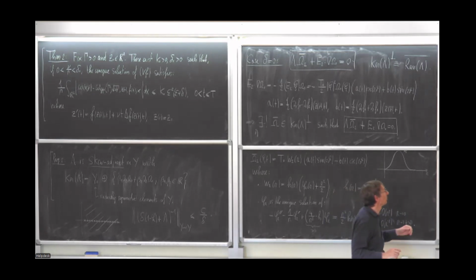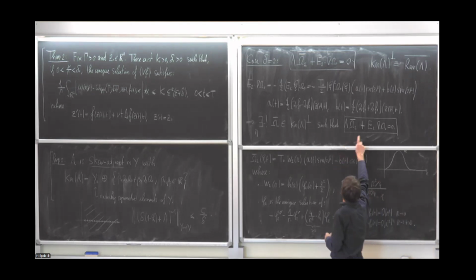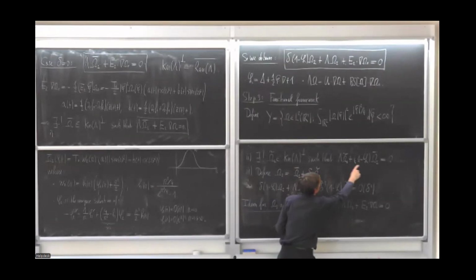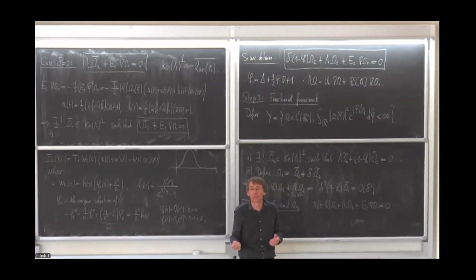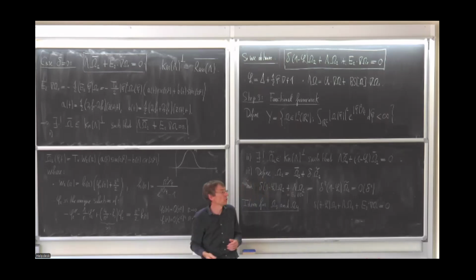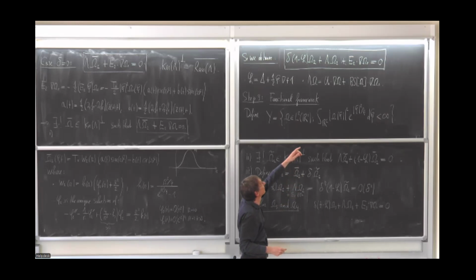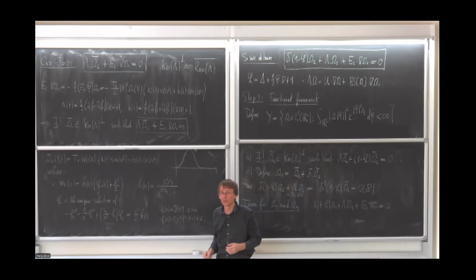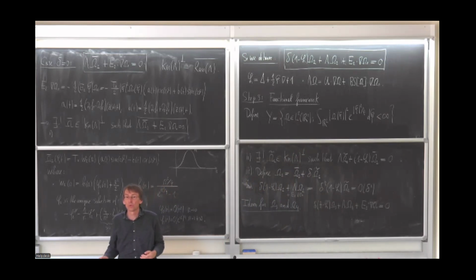So then the terms which do not depend on delta are 0 because of this relation. The terms linear in delta are 0 because of this relation, so it remains the terms that are quadratic in delta. Sorry, of course, it's the full equation that we have. The right-hand side of the box equation becomes something which is delta square. It would be even better to have 0, but delta square is okay for me.